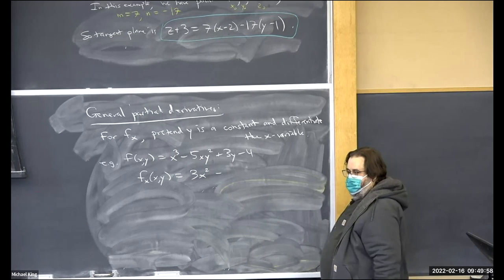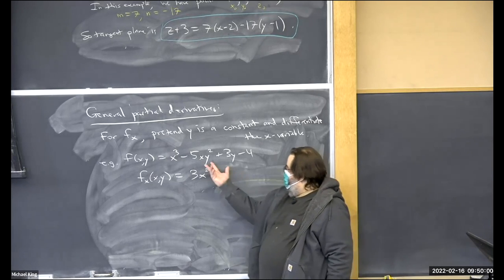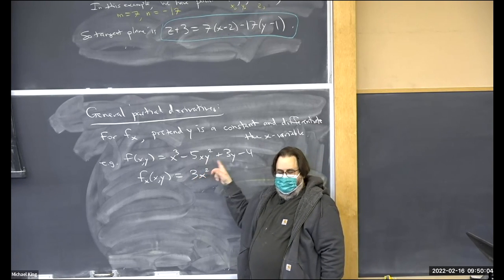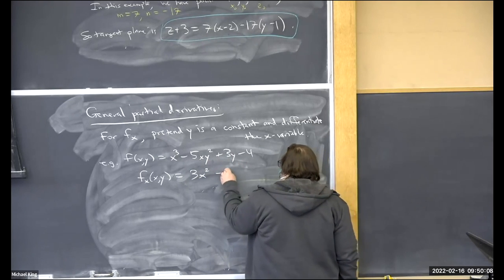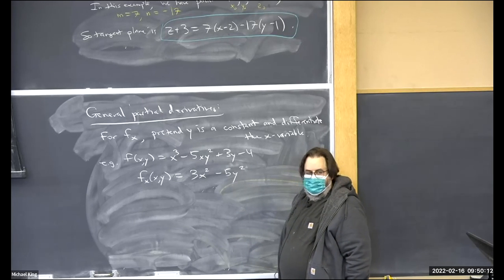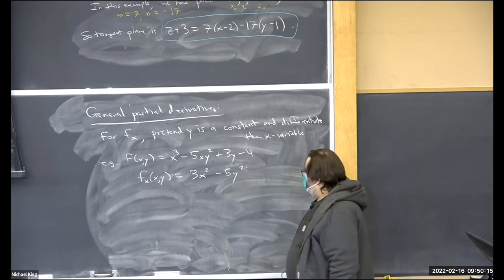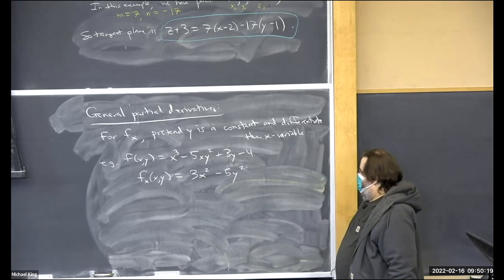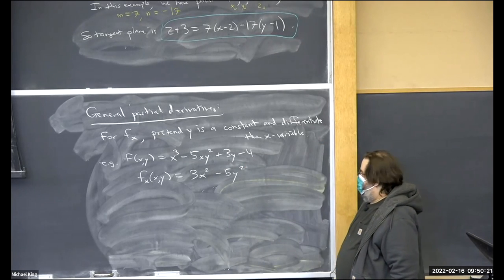Yeah, so you said 5y squared. Basically this is a linear function of x, right? It's constant times x. Derivative of constant times x is just that constant, right? So that's minus 5y squared. What happens to 3y if we treat it as a constant? It's gone, right? 0. So these both become 0. So that's what the general partial x derivative is.